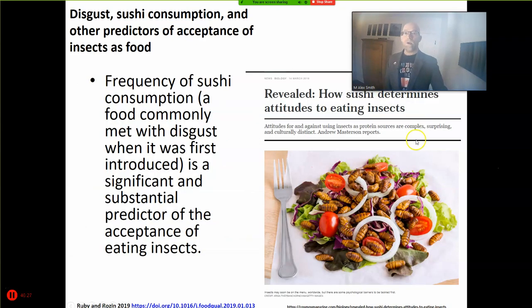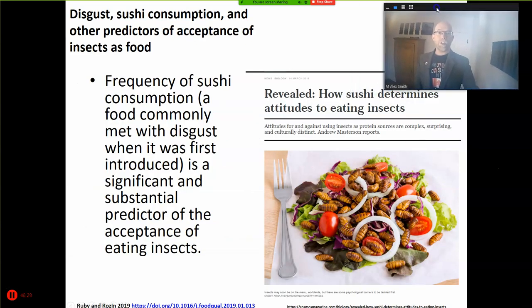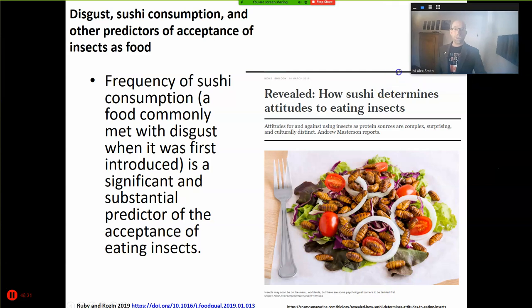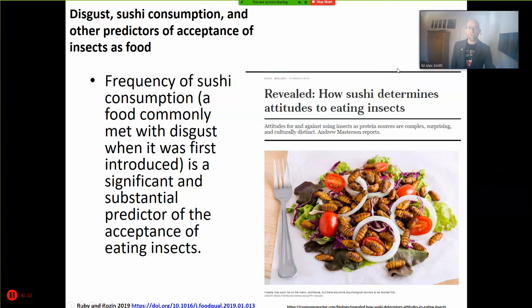Now, some of you may be sitting out there going, ooh, you're making me lose my breakfast talking about this as early as this in the morning. And we know that some people have a hostile response to the idea of eating insects.